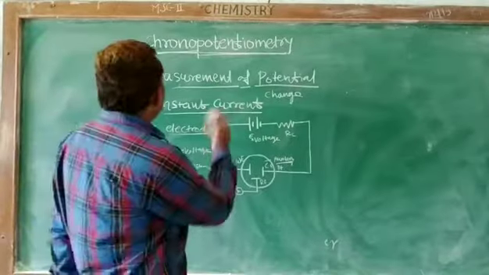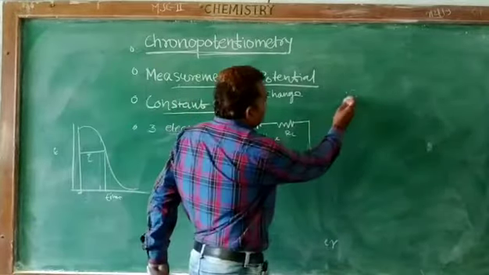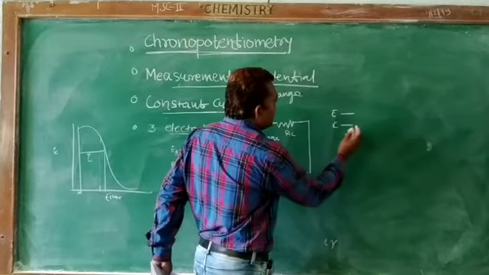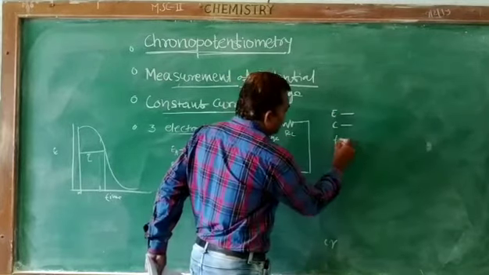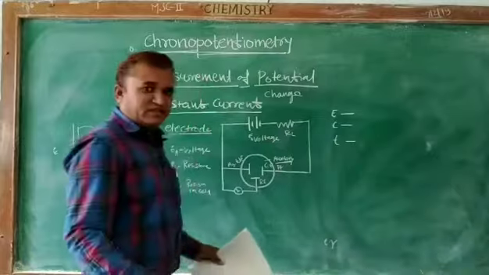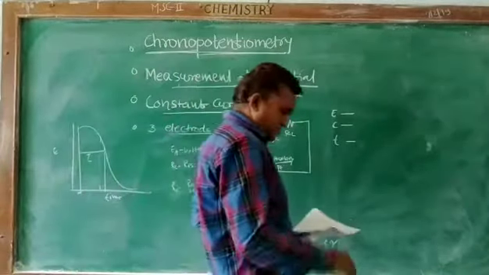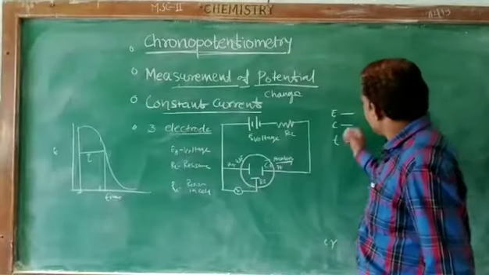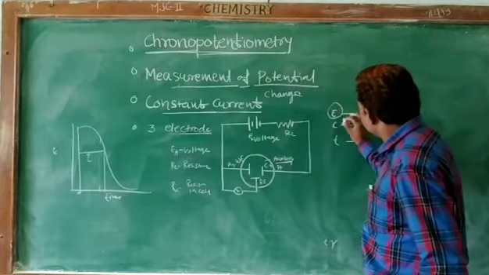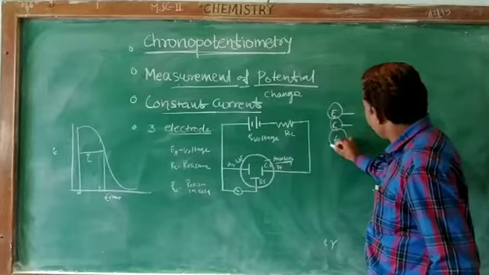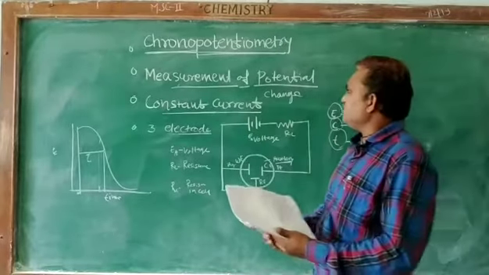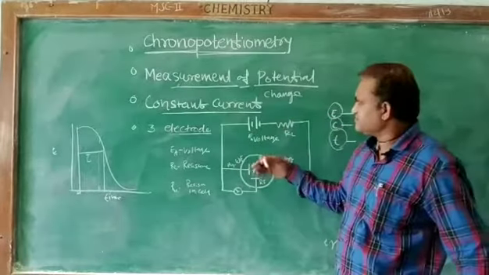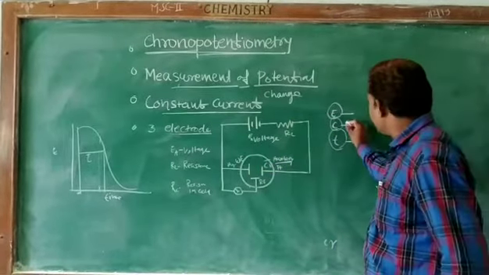So in this, there are three factors seen in this instrument: potential, current, and time. Here we measure the potential change between the electrodes, and the current is constant.